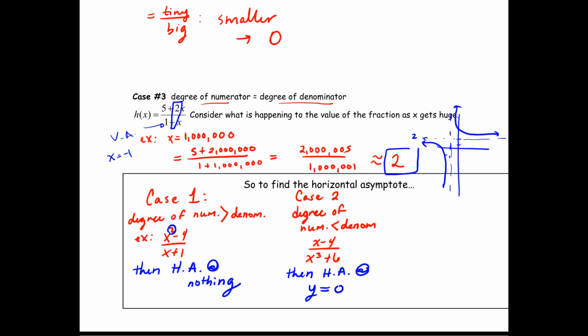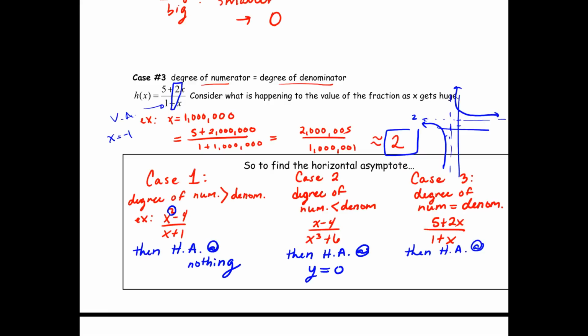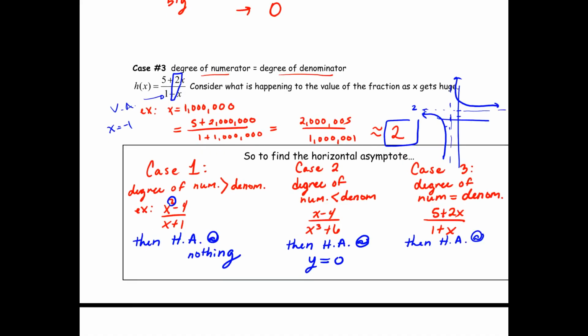And lastly, case number 3, if the degree of the numerator equals the degree of the denominator, just like that last example we had, 5 plus 2x over 1 plus x, then you're going to have a horizontal asymptote at the ratio of the leading coefficients.